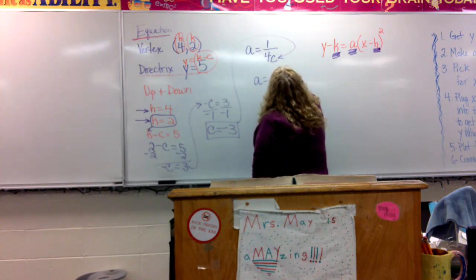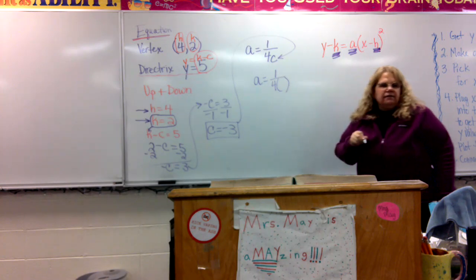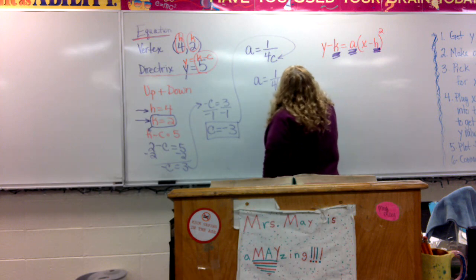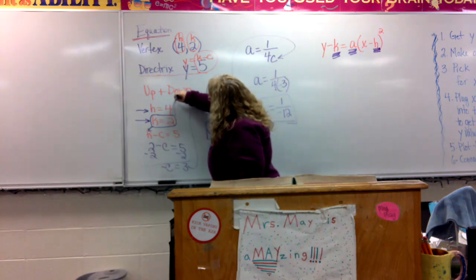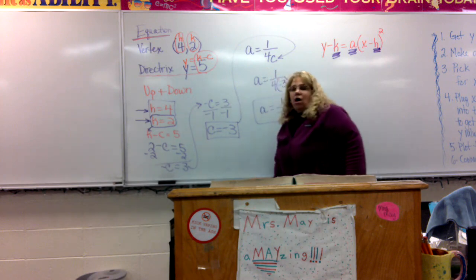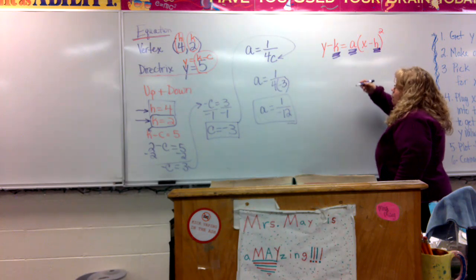A equals 1 over 4c. What is c again? Negative 3. So it looks like a equals 1 over negative 12. There's your a value. You've got your h and k. All you have to do is plug those in now.